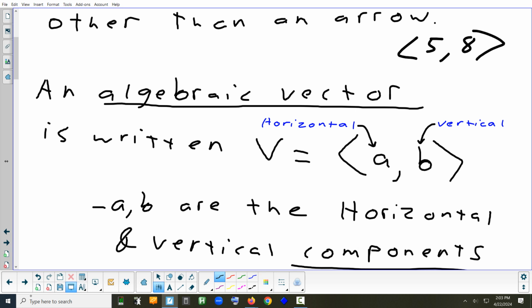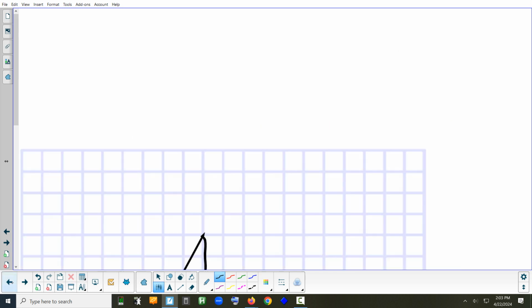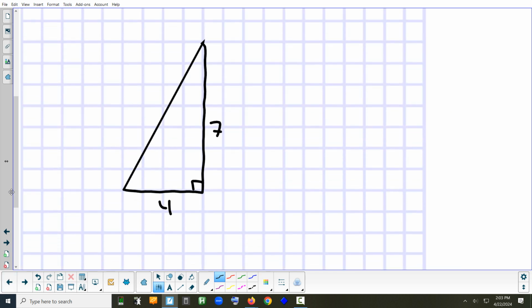So if I go back to that one where I showed you how to find the magnitude with the Pythagorean theorem, the 4 would be called the horizontal component, and the 7 would be called the vertical. So you could actually write that vector as the vector 4, 7.